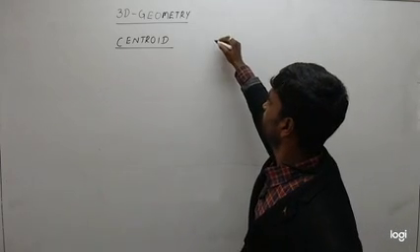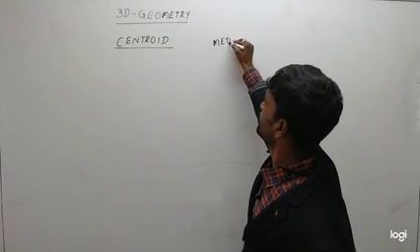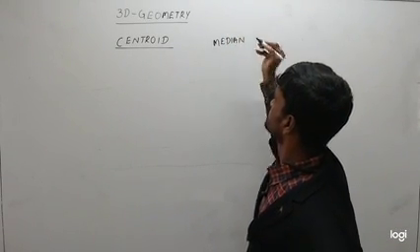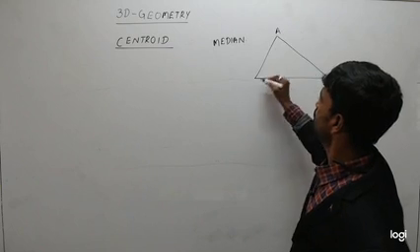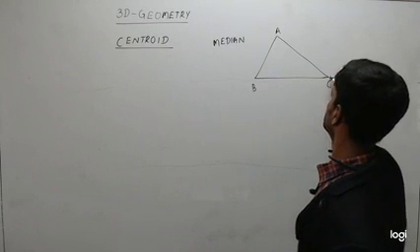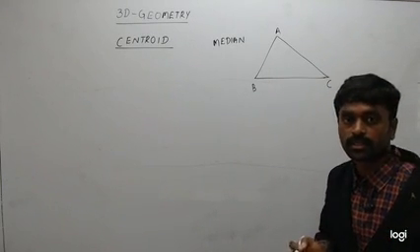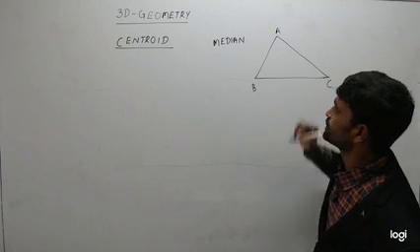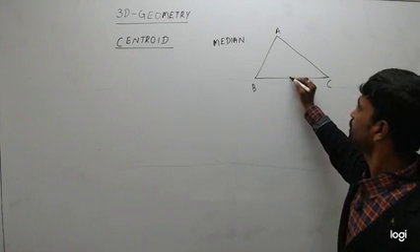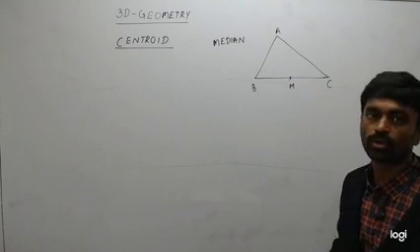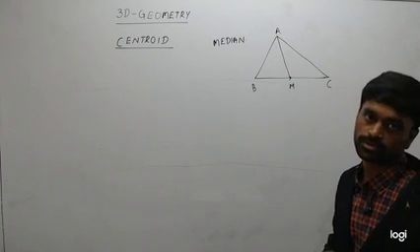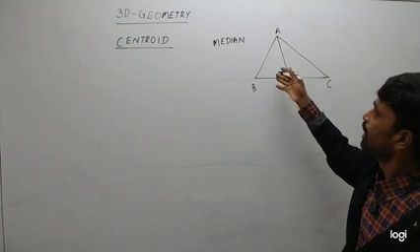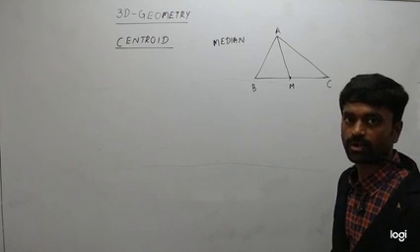We are familiar with the definition of the median of a triangle. What is the definition of the median of a triangle? Suppose ABC is a triangle. Then the segment joining a vertex to the midpoint of its opposite side is called the median of the triangle. How many vertices are there for a triangle? 3.